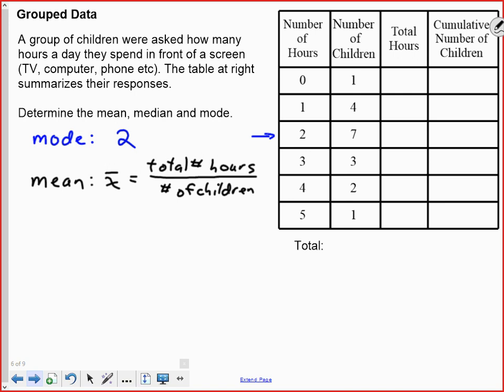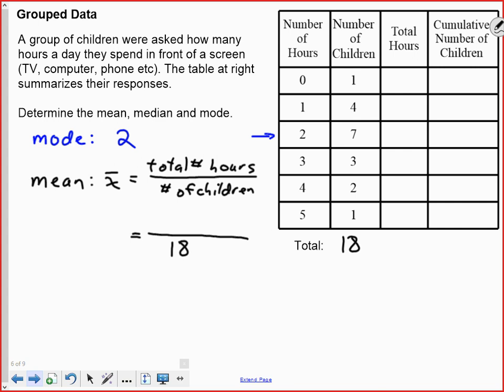So we've got this column here for the number of children. We can just add up and find out how many children we have. 1 and 4 is 5, 12, 12 and 6 is, we have 18 children. So we just need the total hours from all of the children, and then we're going to divide that by 18. Now we can get the total hours just by multiplying the numbers in the first and the second column.